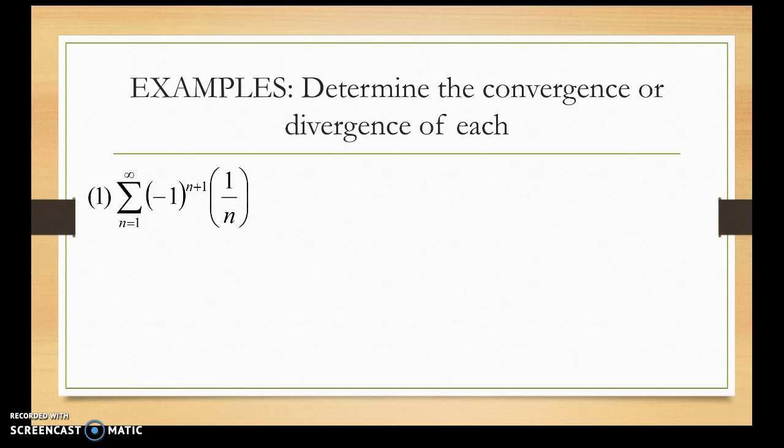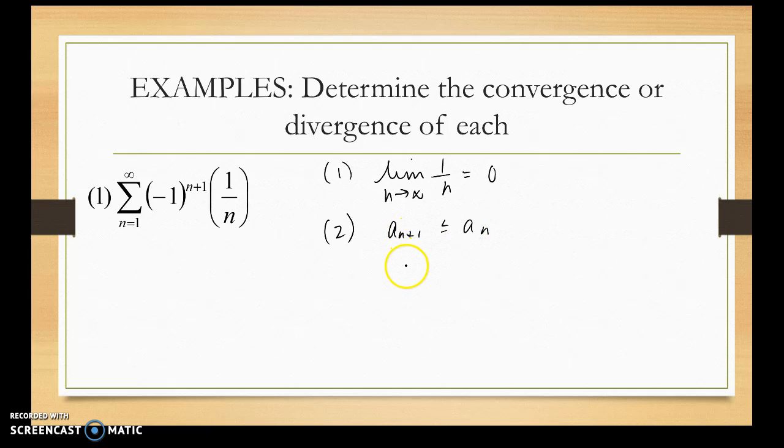So I know it's an alternating series because of my (-1)^(n+1). First condition, limit as n approaches infinity of a sub n. That's definitely 0. That checks out. Next condition, I have to show that a sub n plus 1 is less than or equal to a sub n.